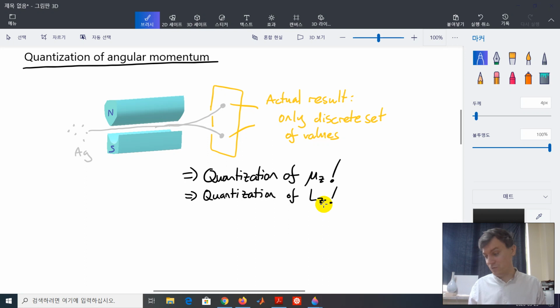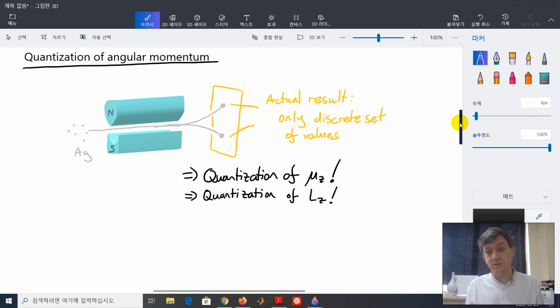Okay, so therefore this experiment provides an alternative way of measuring the angular momentum of these electrons as they move around the atomic nucleus. In this video I'm going to explain the general theory of quantization of angular momentum. Angular momentum is actually very special because its quantization is completely independent of the kind of system you're looking at.